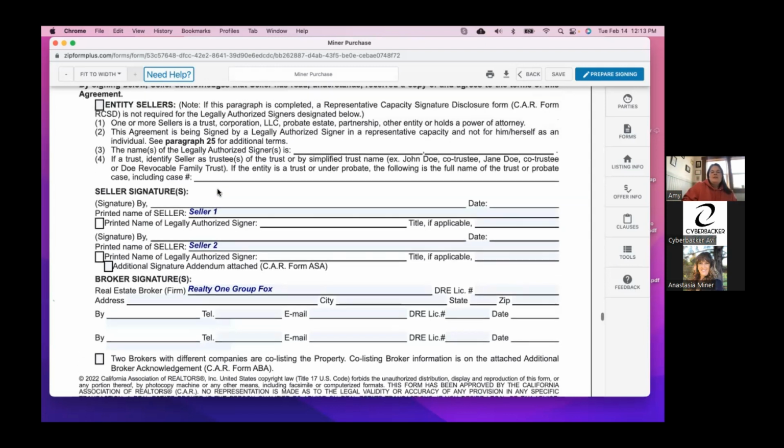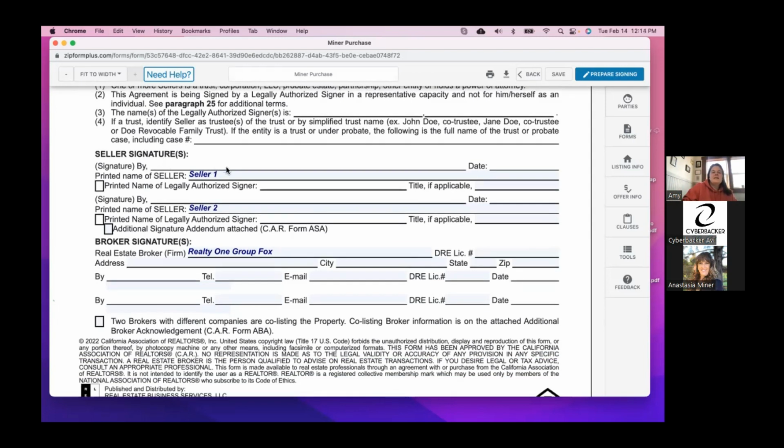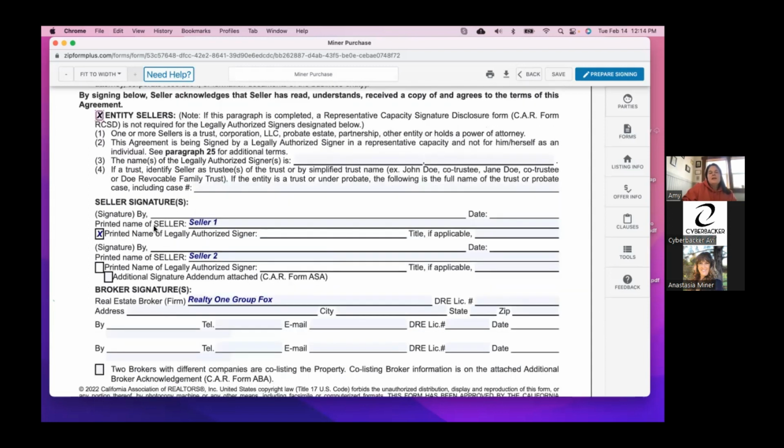We no longer have to include the RCSD because we have this section here filled out. And then we would sign here, signature by the printed name of seller would go here, printed name of legally authorized seller. So if we check this box here, notice this box gets checked down here. So here you would put the name of the seller, which would be like the Buy My House LLC.